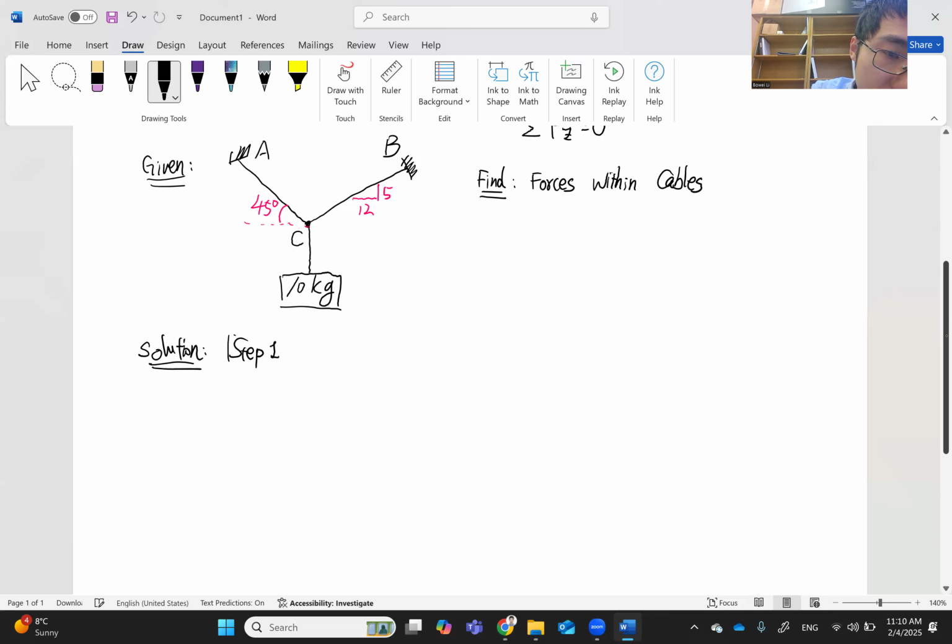And please note, no matter how complex the problem is, the first step is always to draw a free body diagram.